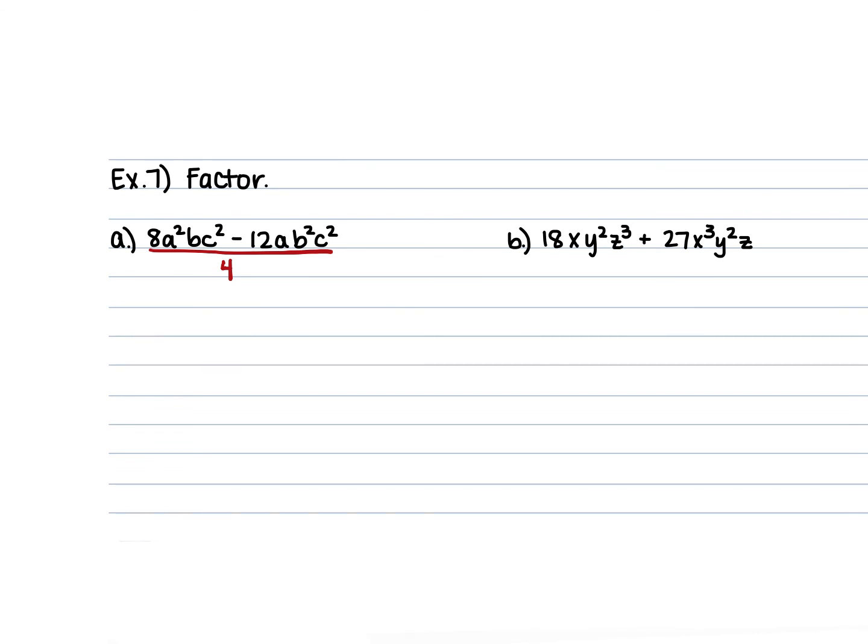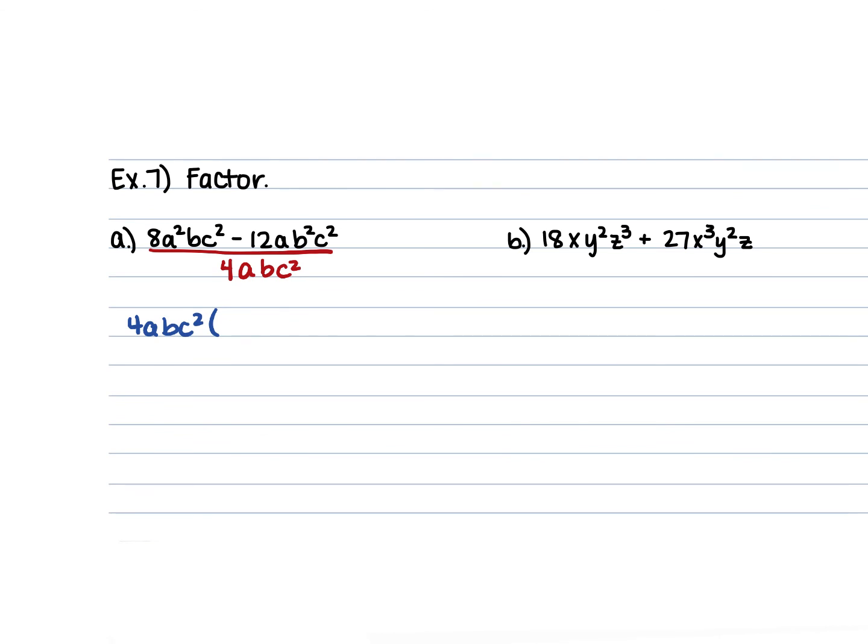For the a, your lowest power is just 1, so that's a. For b, your lowest power is 1, so that's b. And for c, your lowest power is the squared. So we're going to factor out 4abc squared. So that goes out front. What's left over goes in parentheses.